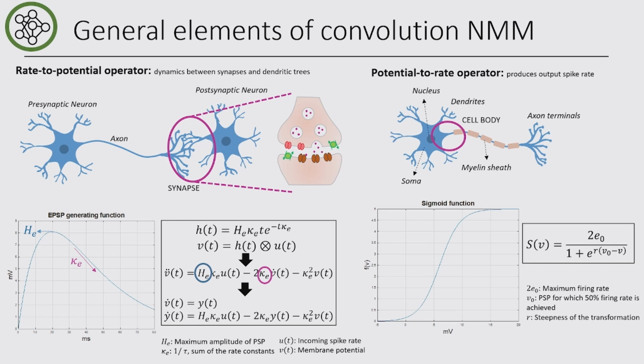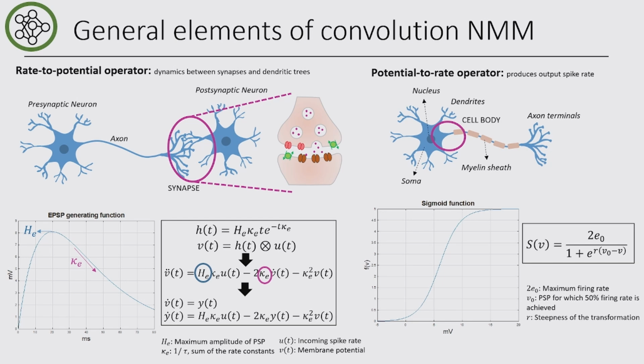operator. And what these look like and how they behave is an impulse response in the time domain, telling us how fast the postsynaptic membrane potential is rising and then decaying in response to an input. The parameters determining the rise and the decay are the amplitude and then the rate constant, the time constant of the decay.